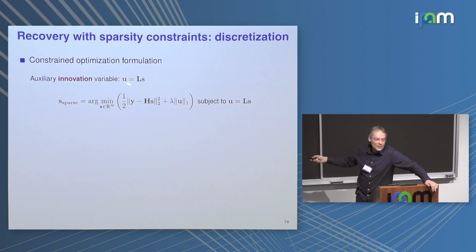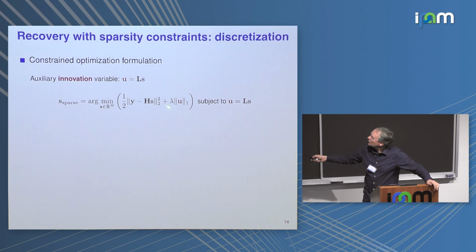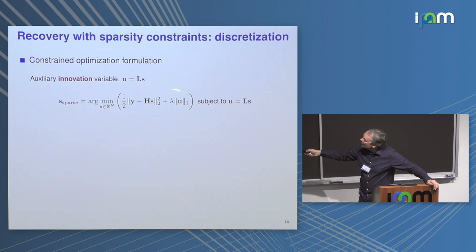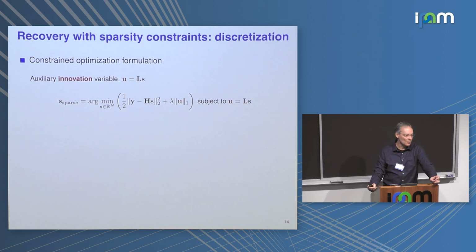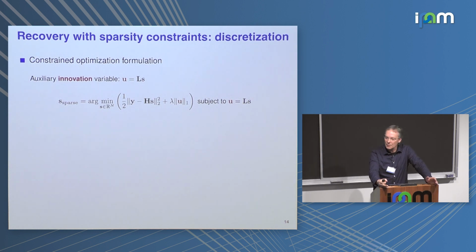The discretized version of that will be LS, which gives me this U, which I call innovation. I will use this innovation as an auxiliary variable, and this maps exactly into the discrete L1 norm. If I write it like that, it's exactly the type of problem that people have been working on in compressed sensing for many years.